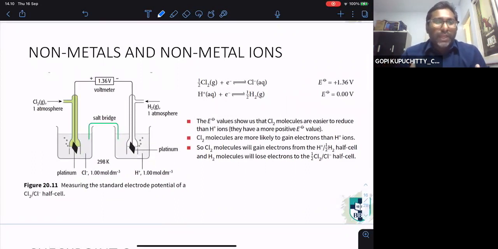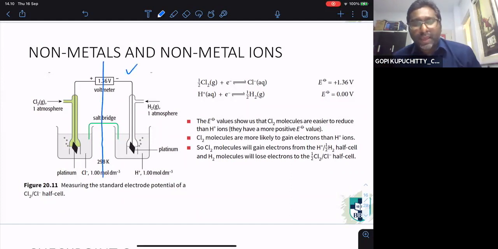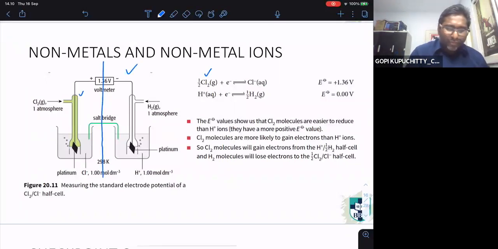Now we will look into the second situation, which is non-metals and non-metal ions. You can see it's similar. We are going to compare with hydrogen, which we have already learned. The setup is all the same, but in this case I'm using chlorine gas. If it is a gas, it is a non-metal, and you need to do something similar to hydrogen.